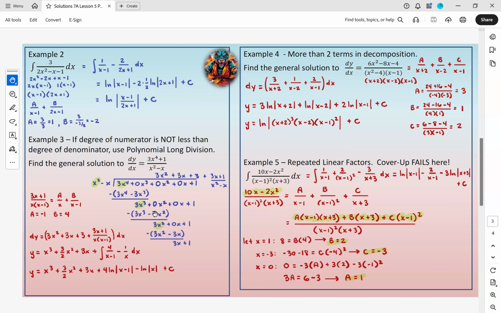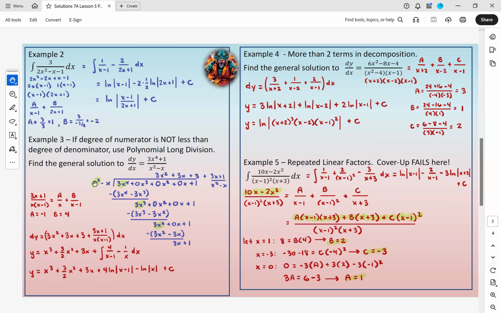I'm going to subtract. And then I'm going to bring down all these unused terms, collect everything below, repeat the process. Now I've got 3x squared divided by x squared. Actually, no, what does that say? Oh, I'm sorry, I skipped one. 3x cubed divided by x squared gets me to 3x.